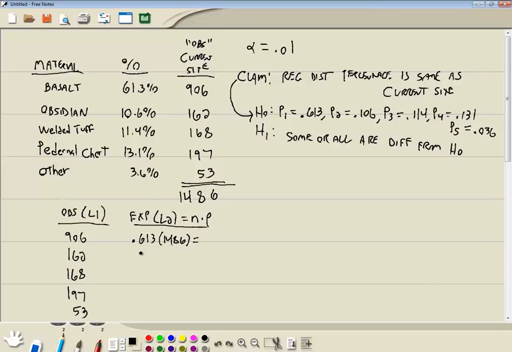We'll take 10.6%, so 0.106 times 1486. We'll take 0.114 times 1486. We'll take 0.131 times 1486. And we'll take 0.036 times 1486.